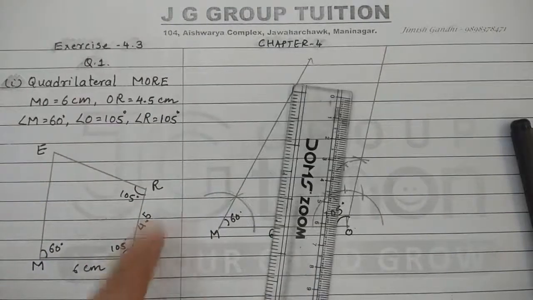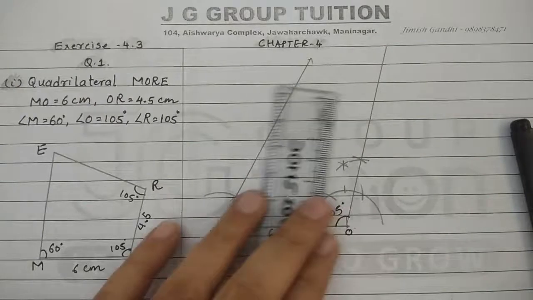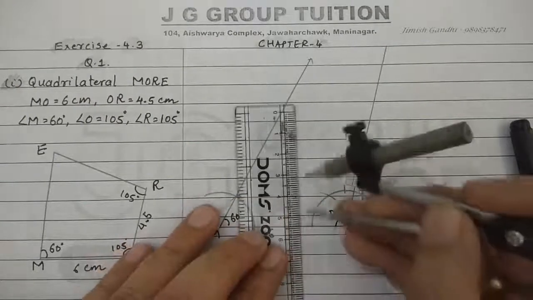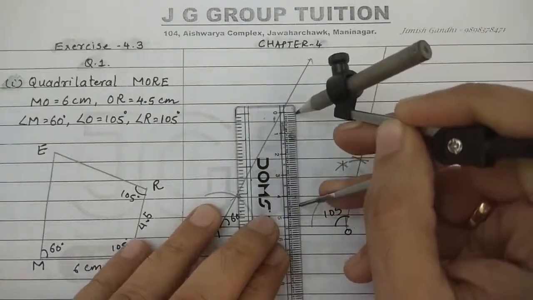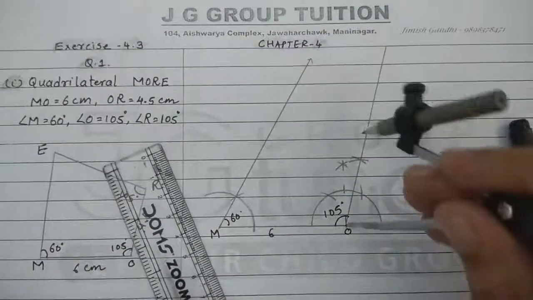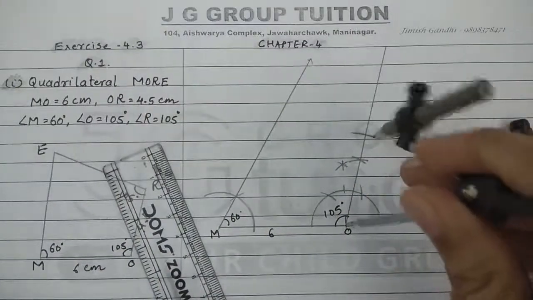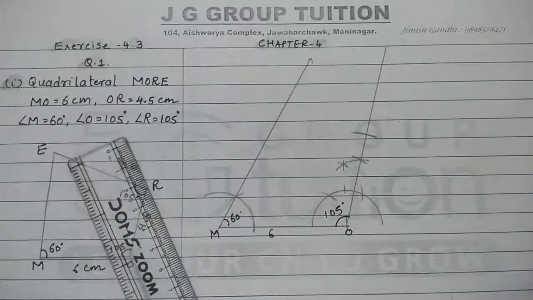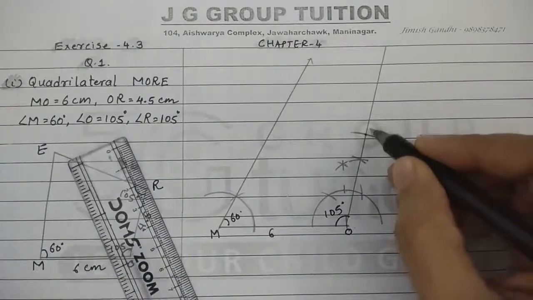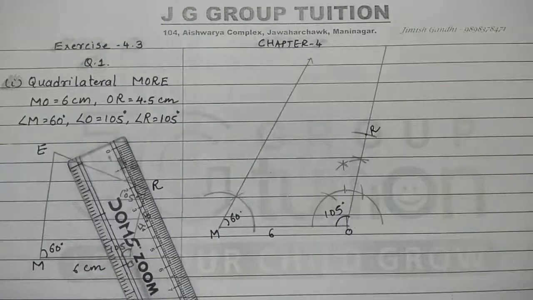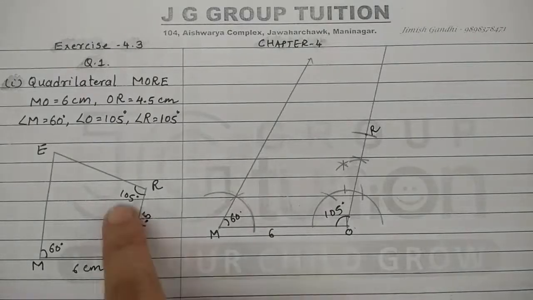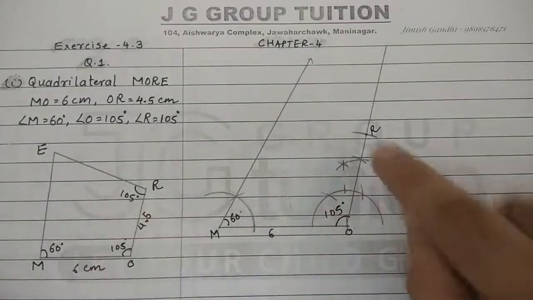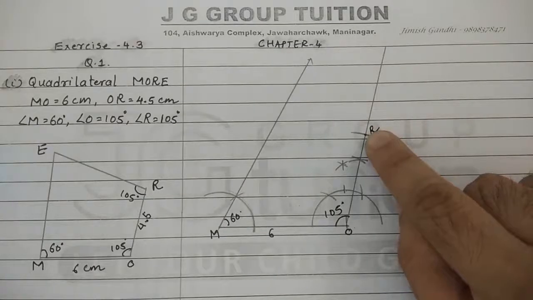The length of OR is 4.5 centimeter. So let's take a length of 4.5 centimeter, and from point O we draw the arc. This intersecting point is point R. Now we have to draw another 105 degree, but this time at this point.